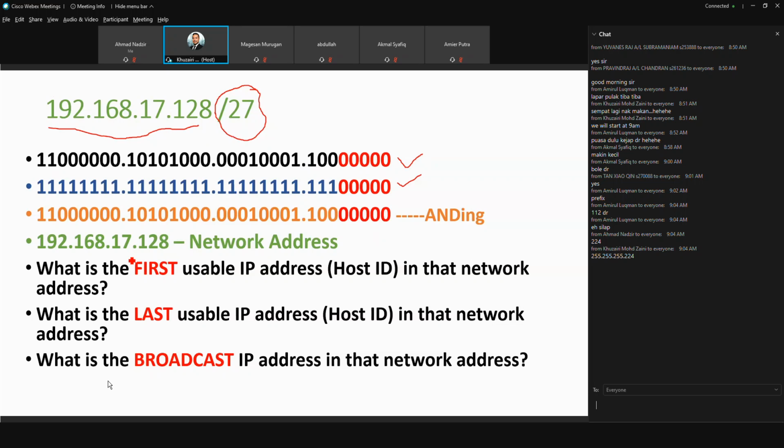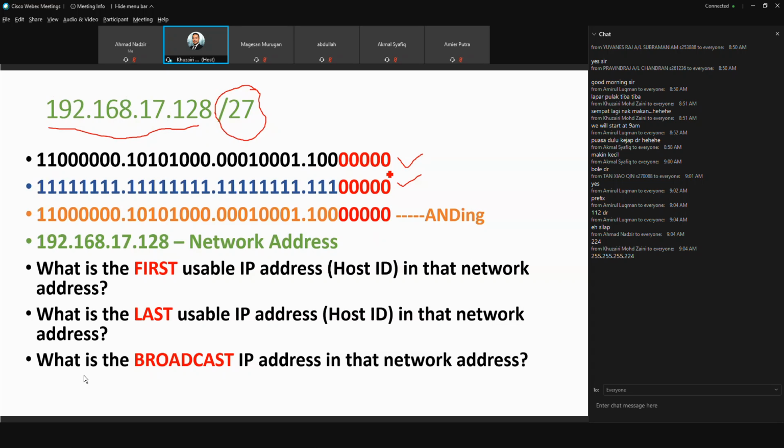And then you convert the subnet mask into binary as well. You get this. Remember, I purposely highlighted the last 5 digits in red. The red color is the bits for the host ID, or host portion.